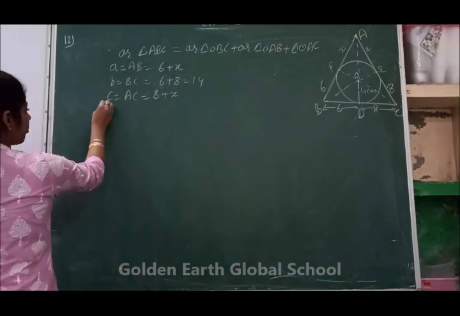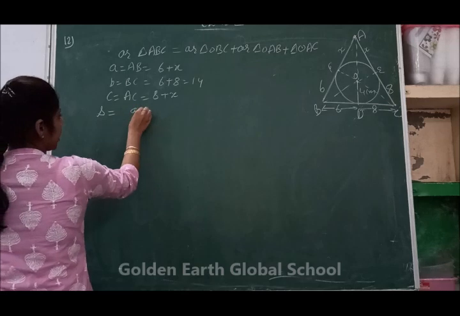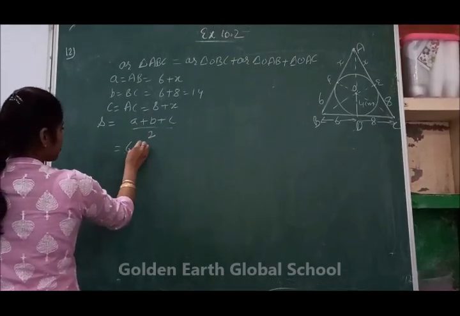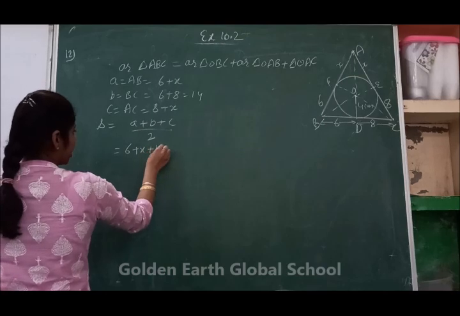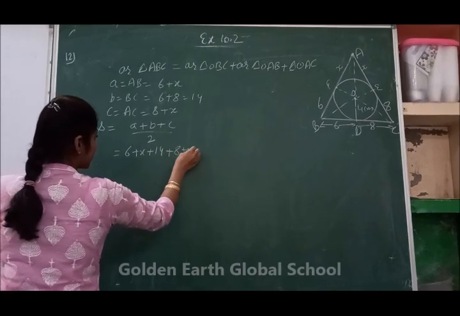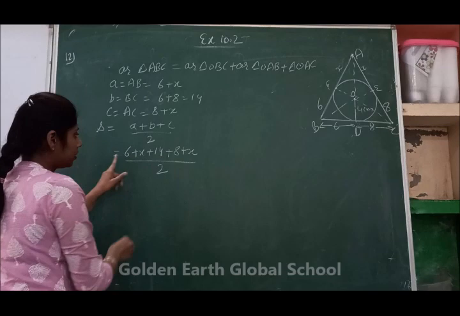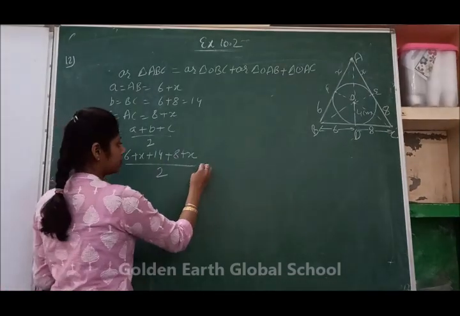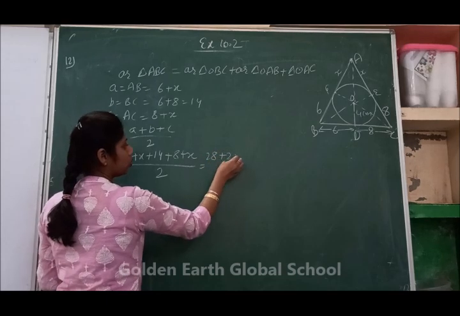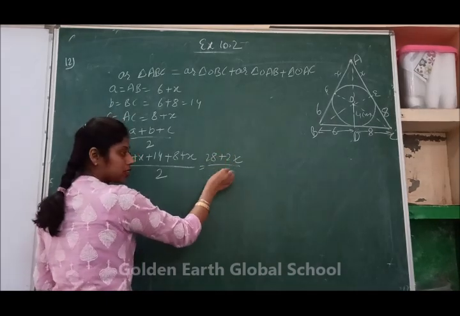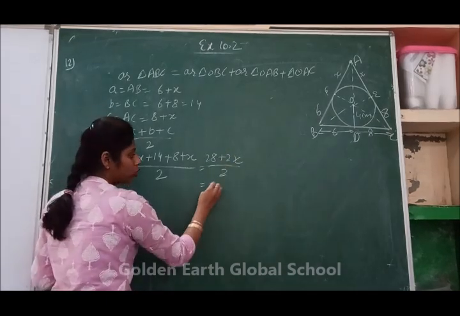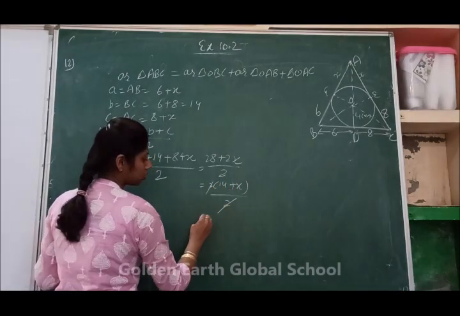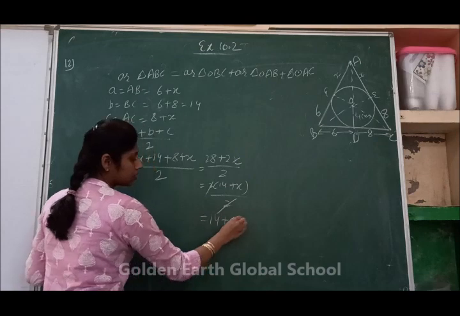First of all, you will find S. What is S? a plus b plus c upon 2. a is 6 plus X, b is 14, c is 8 plus X. Now simplify it. 14 plus 6 is 20, 20 plus 8 is 28 plus 2x. Don't cancel it yet. Firstly take out 2, then cancel. So S is 14 plus x.